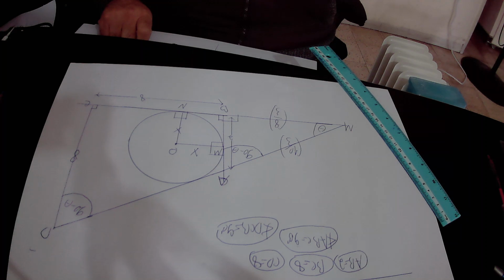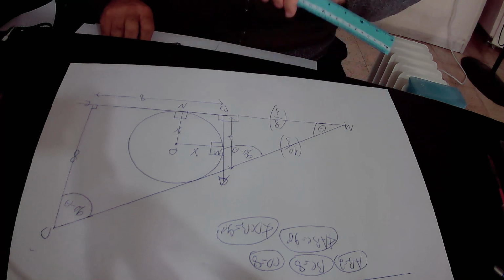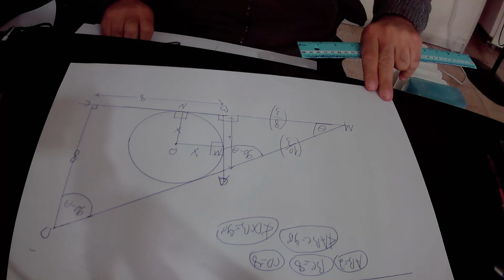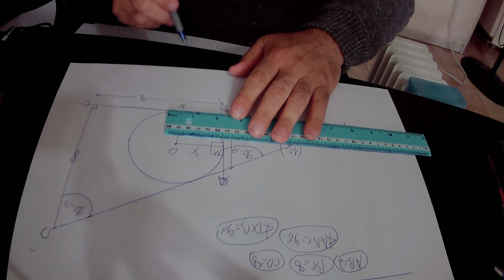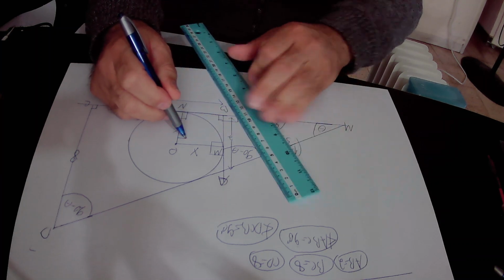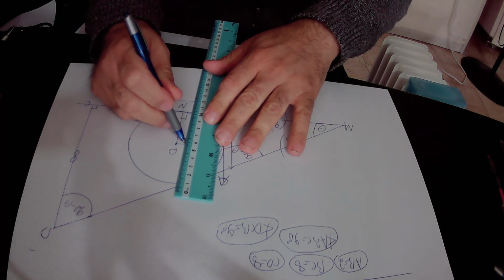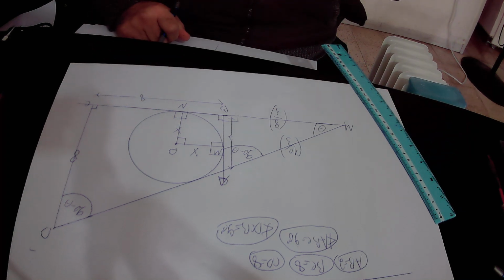In total, the sum of those four angles must be equal to 360 degrees, according to the rule that the sum of the angles in any quadrilateral is equal to 360 degrees. So here, the missing angle must be equal to 90 degrees. 270 degrees plus 90 degrees is 360 degrees, exactly according to the rule that I mentioned. Okay.